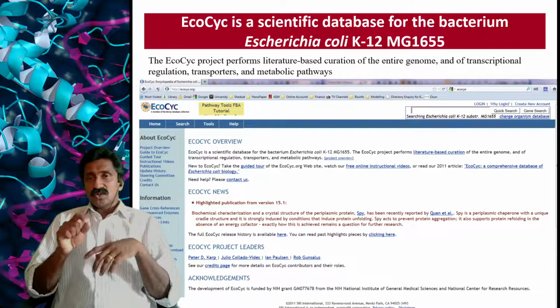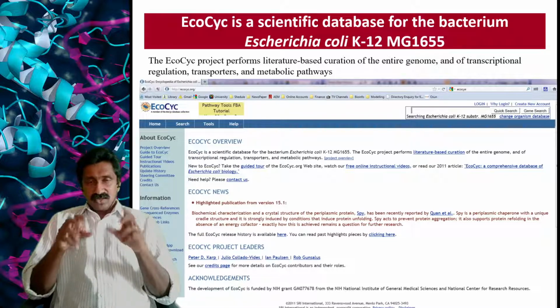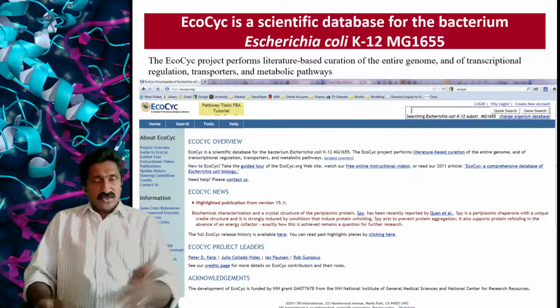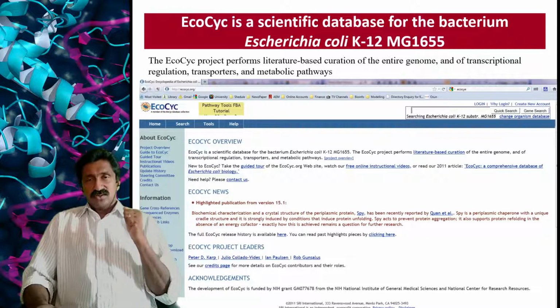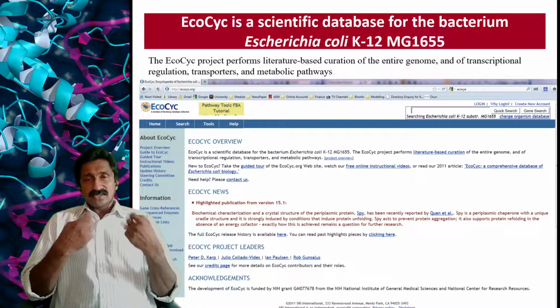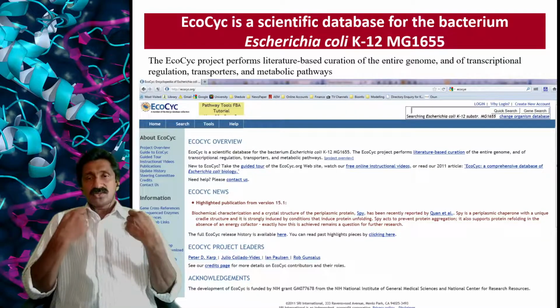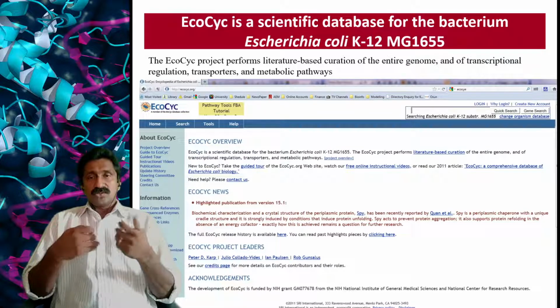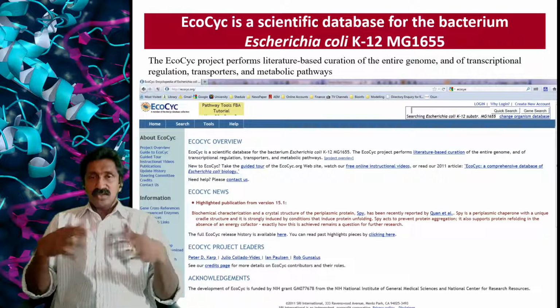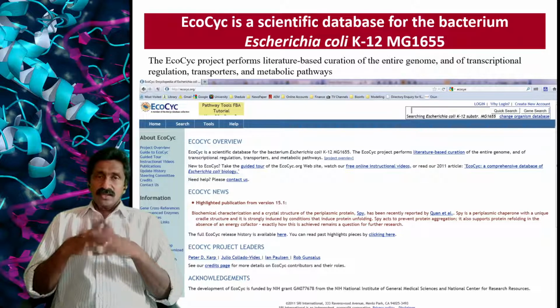And that will be based on literature-based curation. For example, if you are performing research on this organism and publishing a result based on that research, then that is published literature. Based on that published literature, this information will be updated, manually curated, and added into the database.